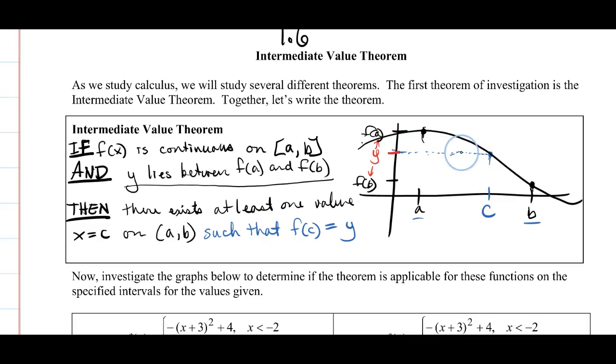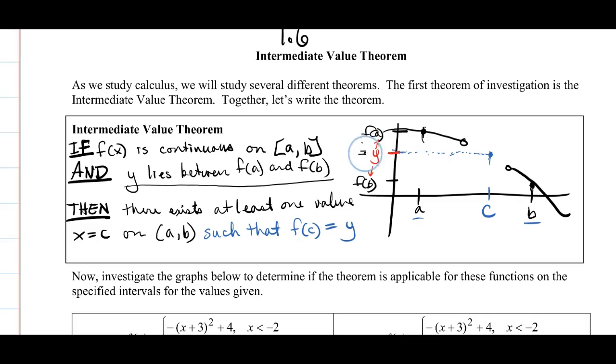And this might seem kind of weird, and you might go, well, yeah, sure, it's in there. Well, we can determine this based on the continuity because it's continuous. If my function was not continuous, I could maybe draw it like this. Here's a discontinuous function, and then c would fail to exist such that I would get an f of c of y.